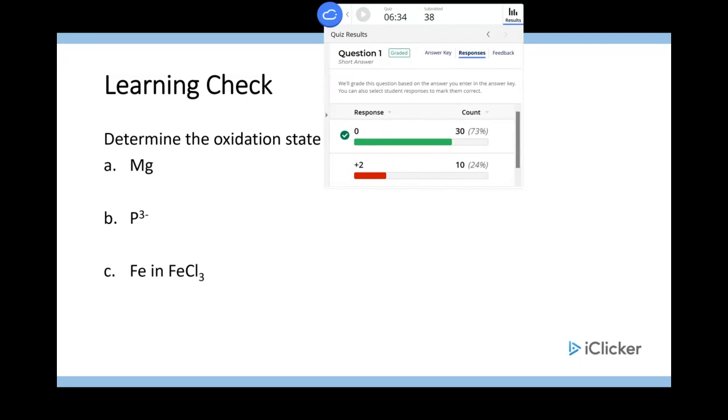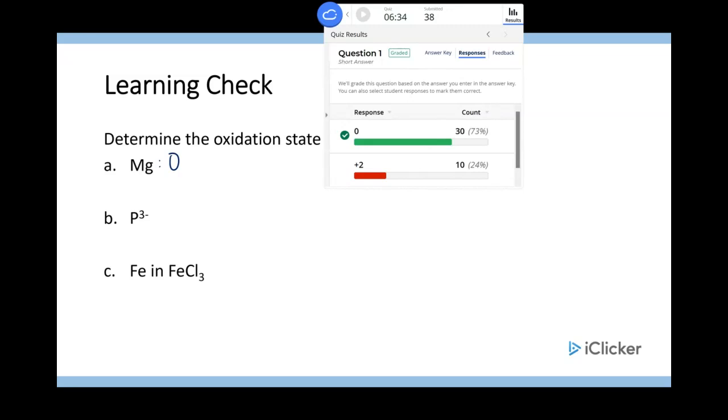But magnesium here is not in a compound. It's a monoatomic, or it's just an element on its own. It's not even an ion, it's an element on its own. So here we follow the first guideline, which says if we have an element that's neutral, not in a compound, its oxidation state is 0. So this one is 0, oxidation state.